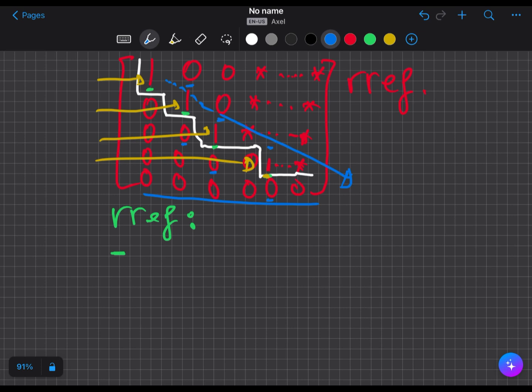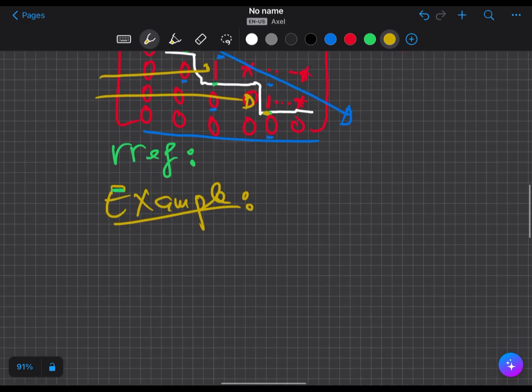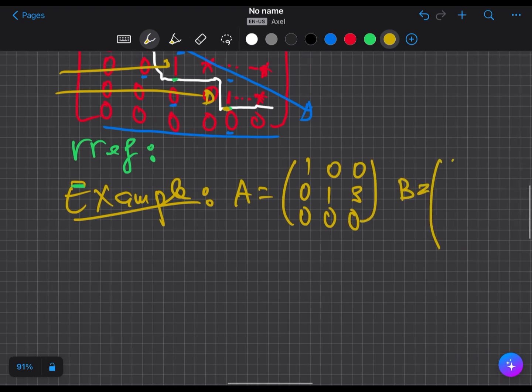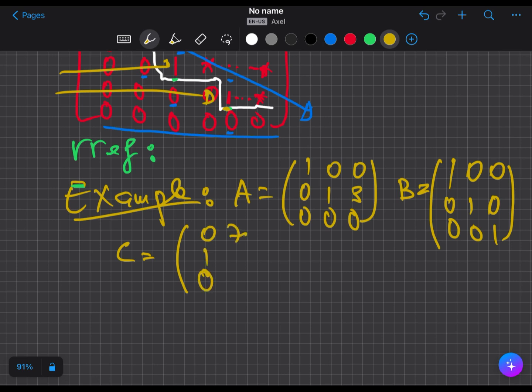Now, will you mind answering this question with me? An example, right? Let's have matrix A equals 1, 0, 0, 0, 1, 0, 0, 3, 0. And let's have matrix B equals 1, 0, 0, 0, 1, 0, 0, 0, 1. Let's have matrix C equals 0, 1, 0, 7, 0, 0, 3, 0, 0.